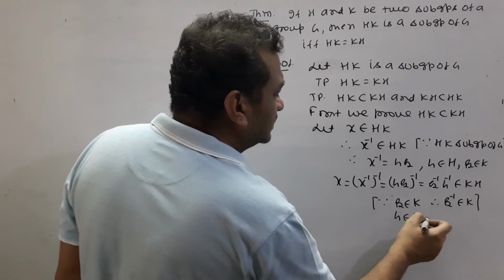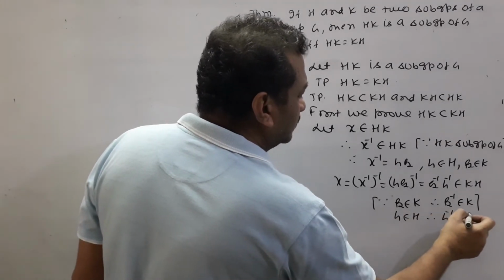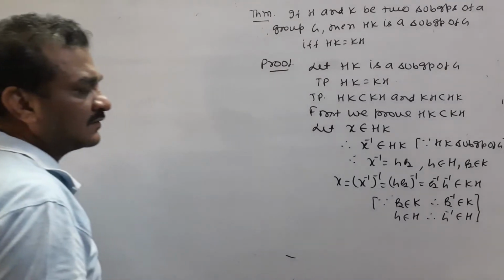Similarly h belongs to H, so h inverse belongs to capital H because H is a subgroup.